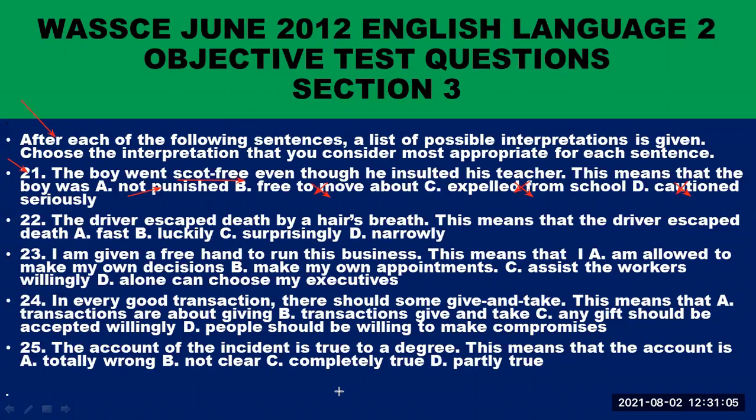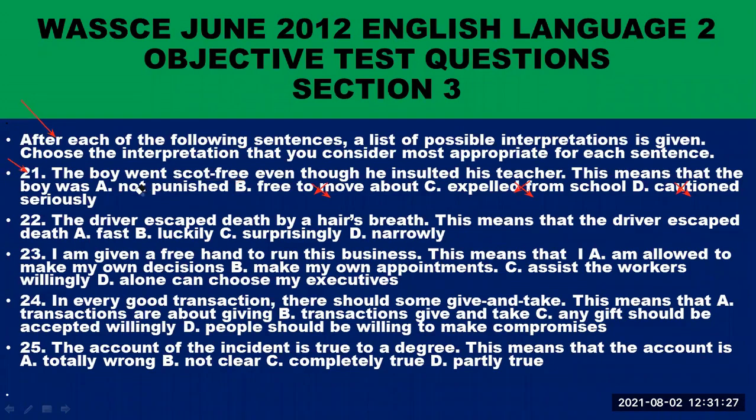But we are told even though he insulted his teacher, the boy went scot-free. So all these are clues that will help us to identify the interpretation. So the correct interpretation is that the boy was not punished. That's the meaning of going scot-free.